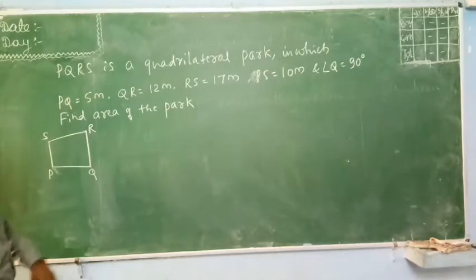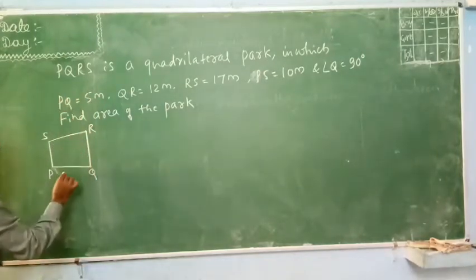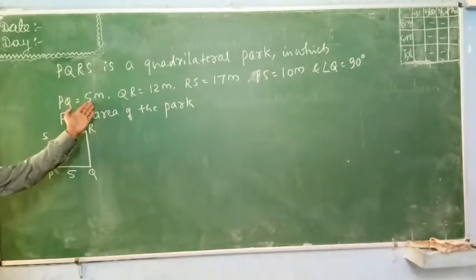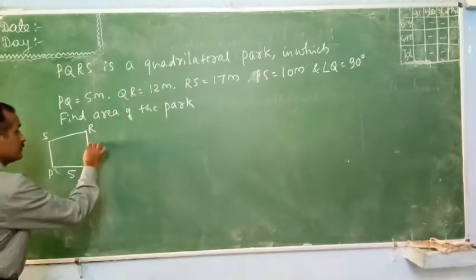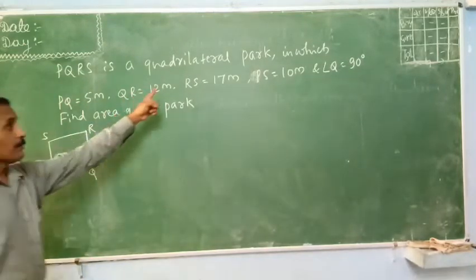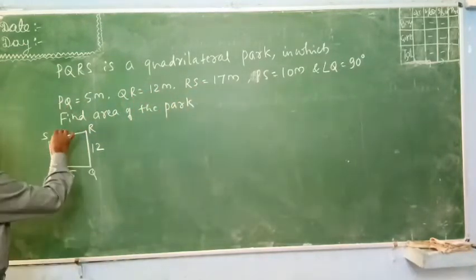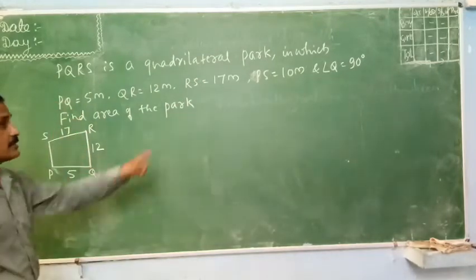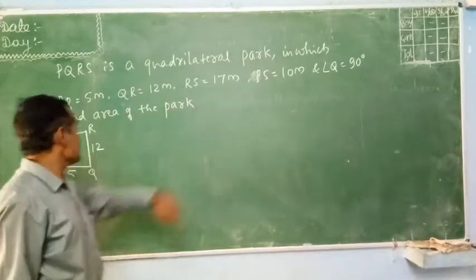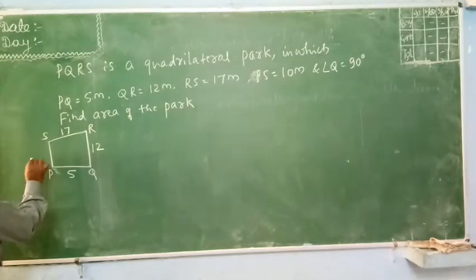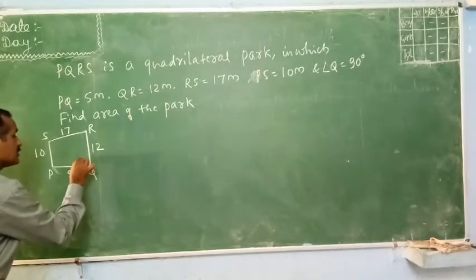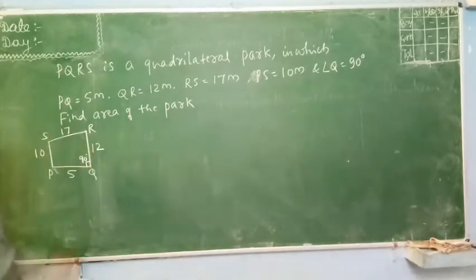PQ is 5 meters, QR is 12 meters, RS is 17 meters, and PS is equal to 10 meters, and angle Q is equal to 90 degrees.